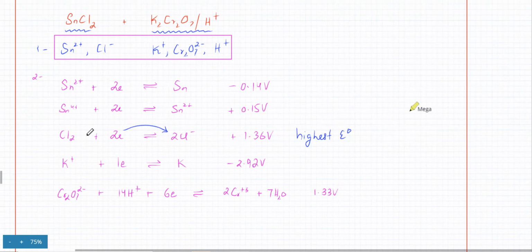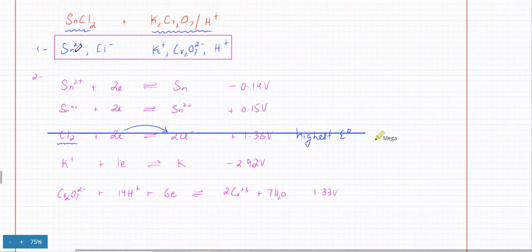So based on the electrode potential values, I've chosen this one as the one that's going to gain electrons. But then I told you that the reactants must be present. If I choose this reaction, then who's gaining electrons? It's Cl2 gaining electrons to form Cl−. In my reactants, I have Cl−, but I don't have Cl2. So I can't really use this equation.